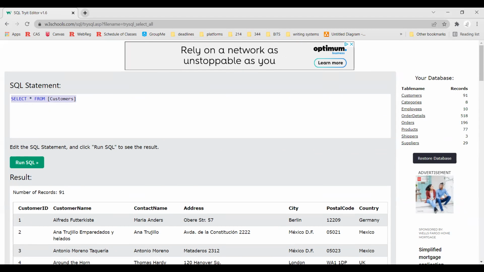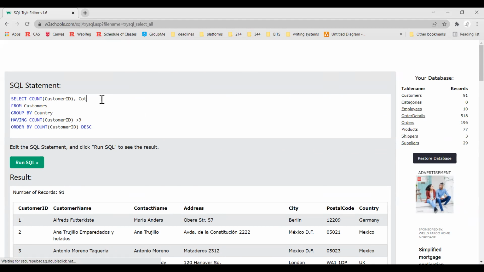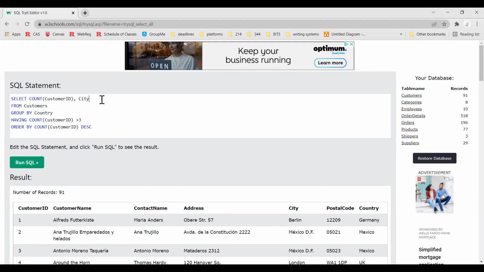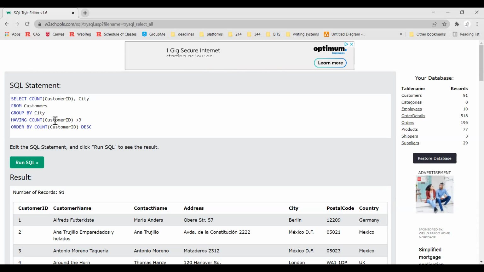So I'll give you the previous code to look at. We're really just going to change this to city.